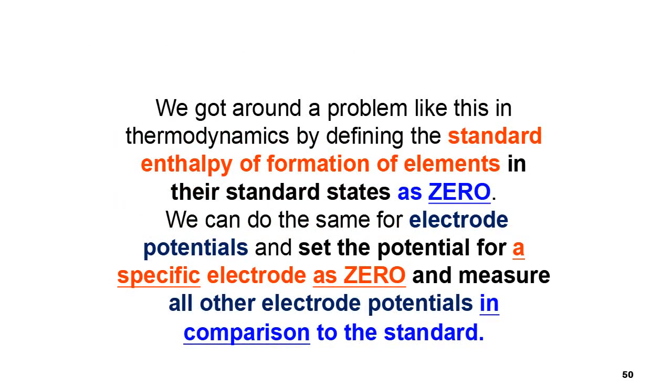The problem is similar in thermodynamics when trying to define the standard enthalpy of formation of elements in their standard states as zero. Hence, we can do the same for electrode potentials and set the potential for a specific electrode as zero and measure all other electrode potentials in comparison to the standard.